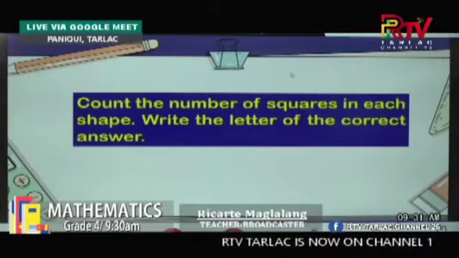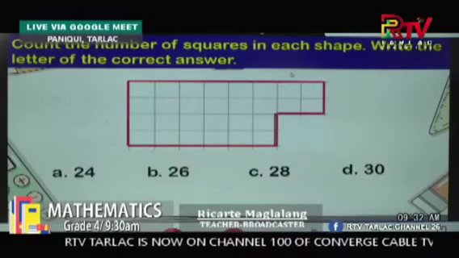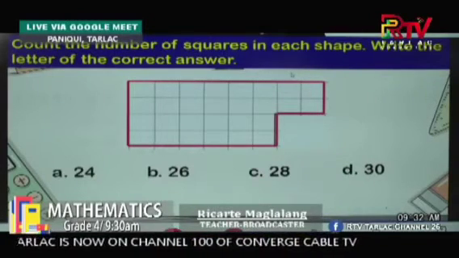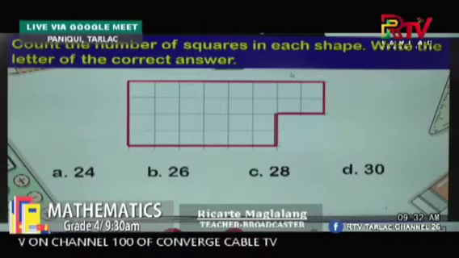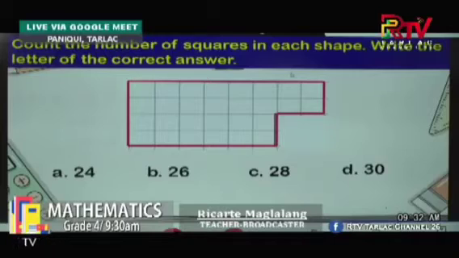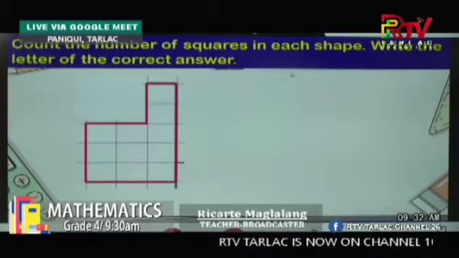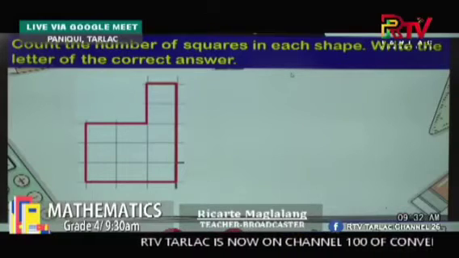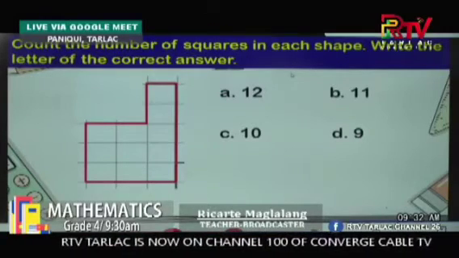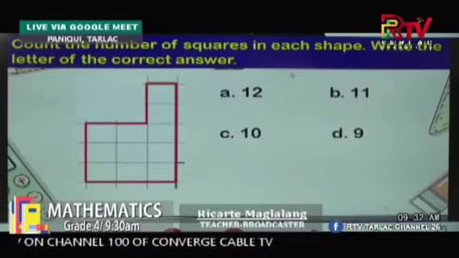Figure 1. Is it A, 24? B, 26, C, 28, D, 30. The correct answer is C, 28. For figure 2, A, 12, B, 11, C, 10, D, 9.